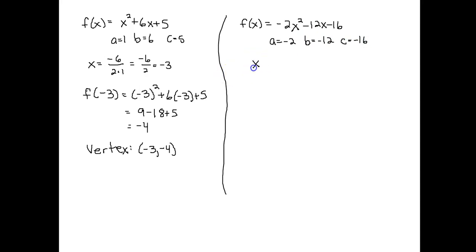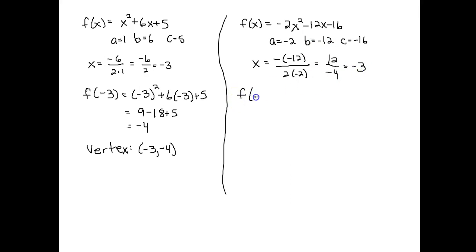Okay, so the x will be negative b over 2a. So in this case, you got a negative negative because it's negative b, and b is also negative. So it's opposite of b. So 12 over 2 times negative 2, or negative 4, which is going to give you negative 3.